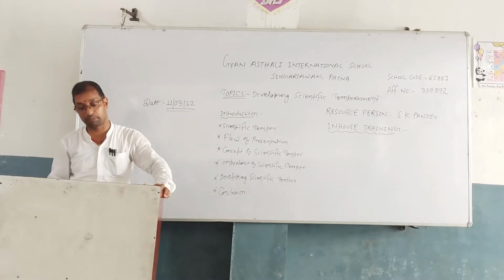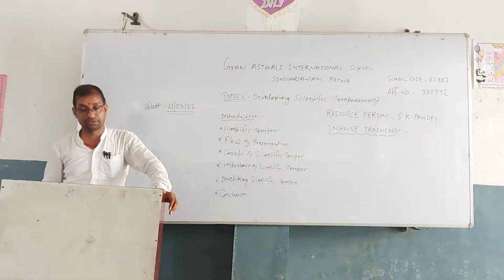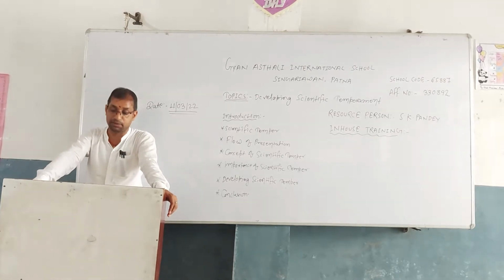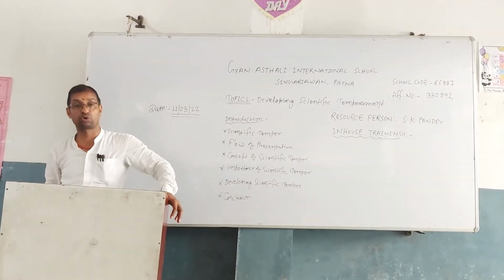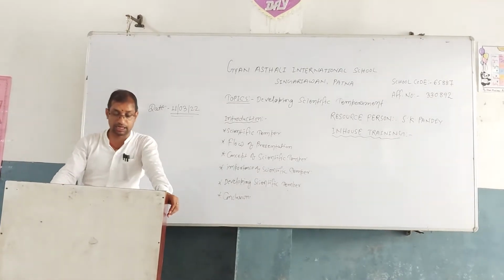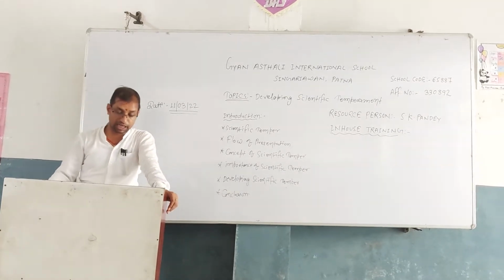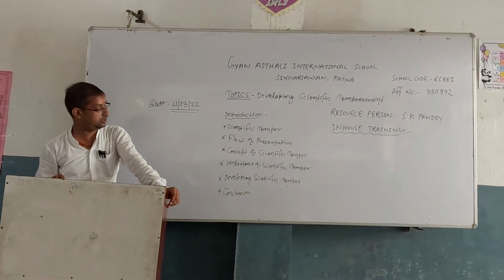Why is scientific temper important? Six pillars of scientific temper: scientific literacy, scientific attitude, scientific thinking, scientific method, scientific perception, scientific habit, then conclusion and references are the flow of presentation.